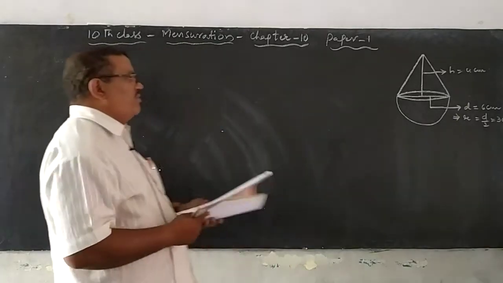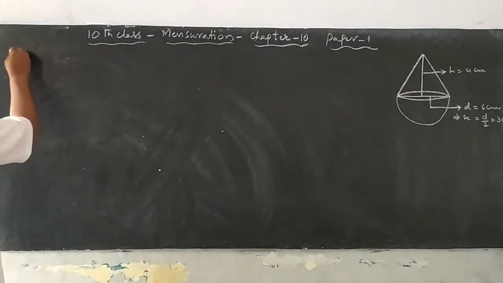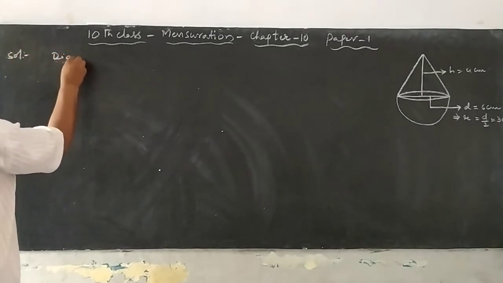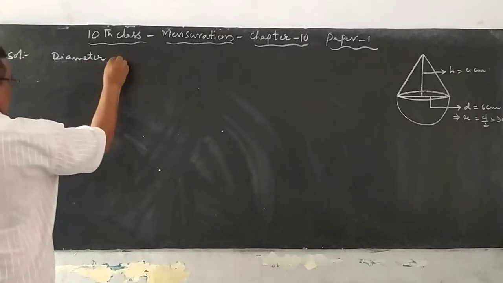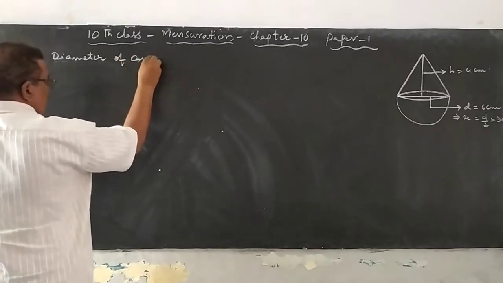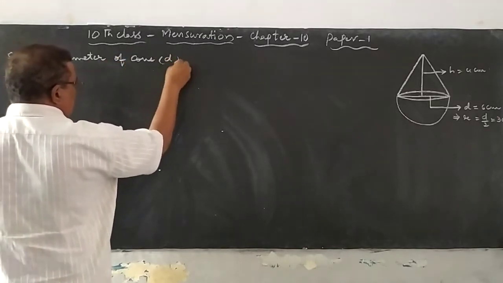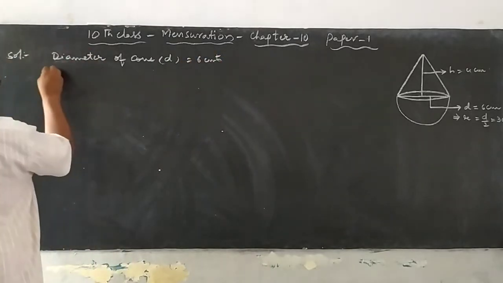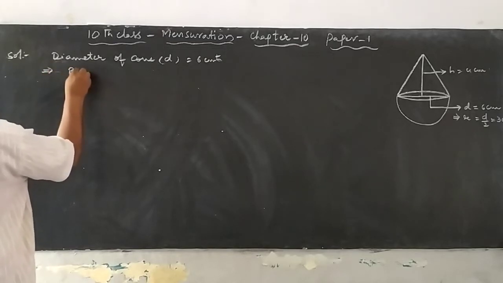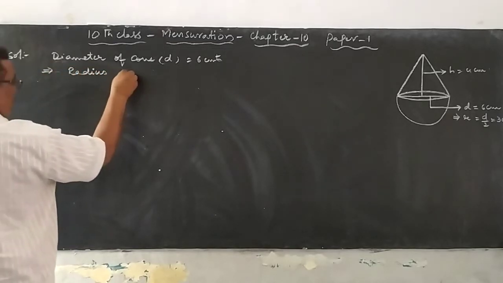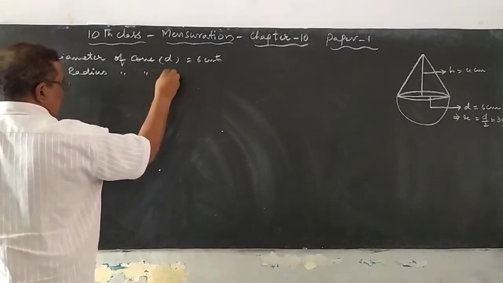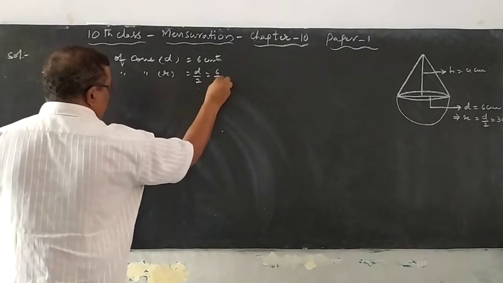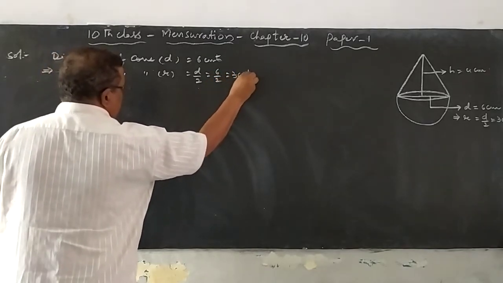How will it come for us? Let us see. Solution. Diameter of the cone D is equal to 6 centimeters, which implies radius of the cone R is equal to D by 2, that is 6 by 2, 3 centimeters.